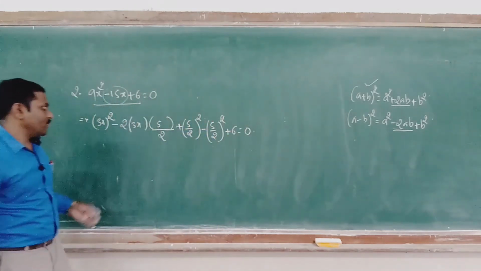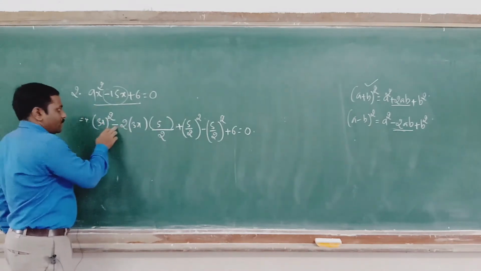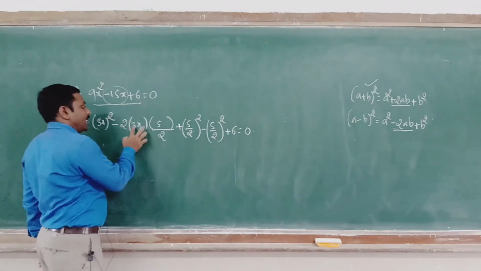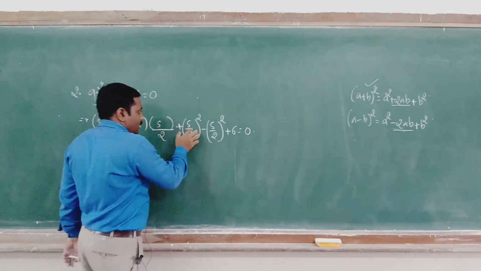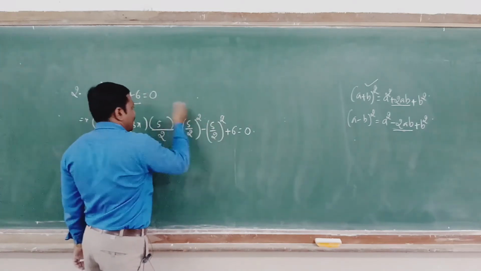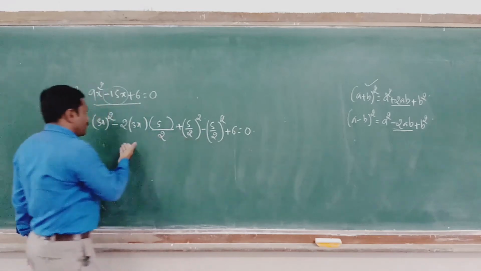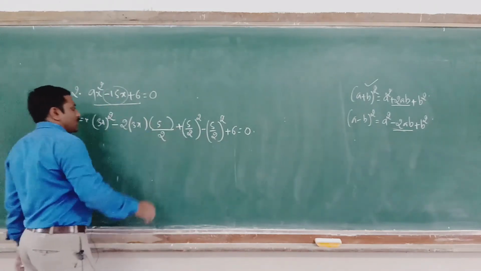Now check that: 3x square, that is 9x square, minus 15x, plus 5/2 whole square minus 5/2 whole square get cancelled, remaining plus 6. So this quadratic equation can be rewritten like this.